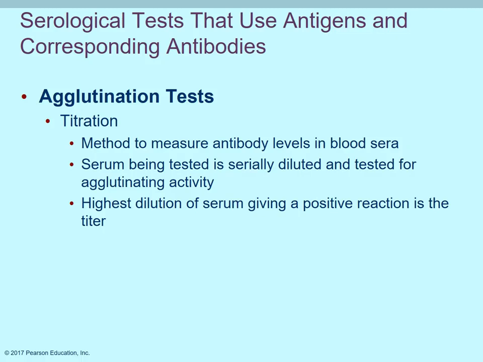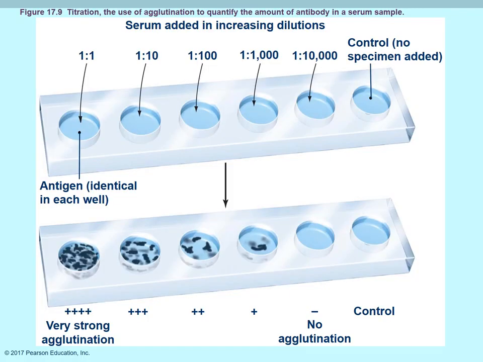With the agglutination test, this is how you can measure through titration. You can measure the levels. When you do this, typically you dilute the sample out and you see what's the highest dilution where you still get a positive reaction. So as you can see here on this tray, you had initially your tray, the 1 to 1 is not diluted at all, and then you dilute it out.